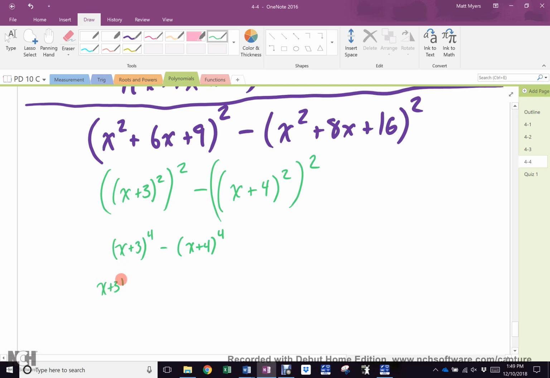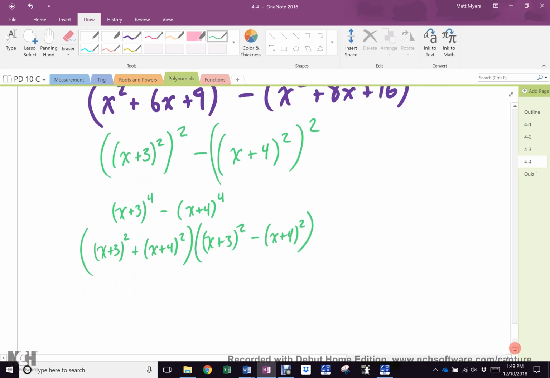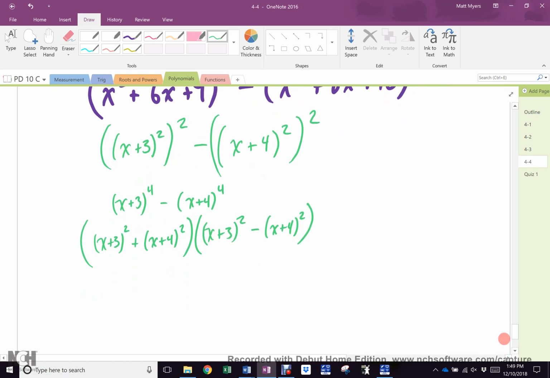X plus 3 squared plus x plus 4 squared. X plus 3 squared minus x plus 4 squared. Right? Everybody still okay? Is that a squared minus a squared? Will there be a minus sign between them? That's a minus sign between them. Yeah.